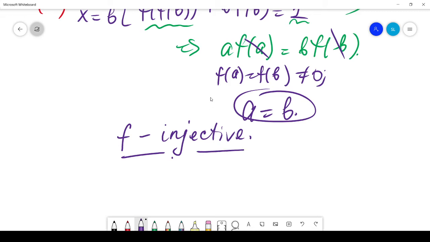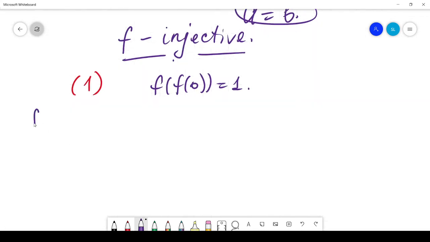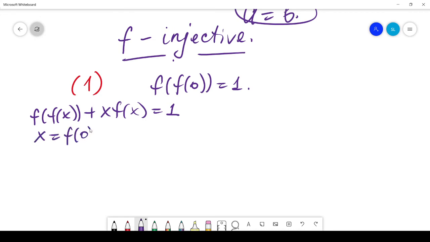Alright, so let me remind you something. We have from 1 that f of 0 is equal to 1. Then in our equation, let's plug in x equals f of 0. What do we have now?